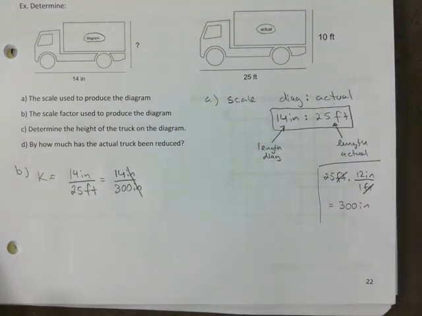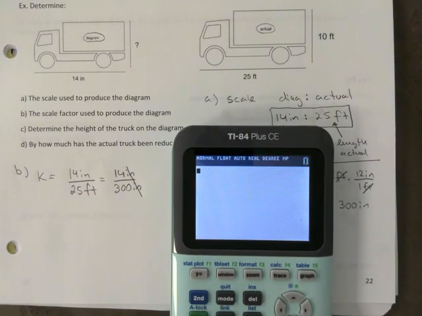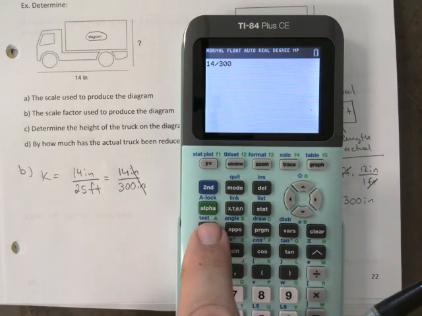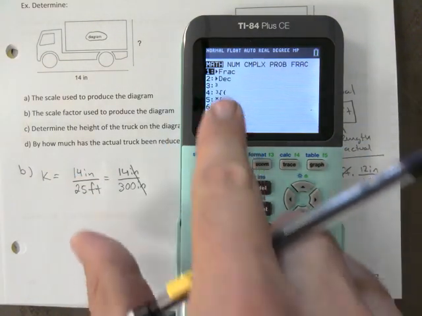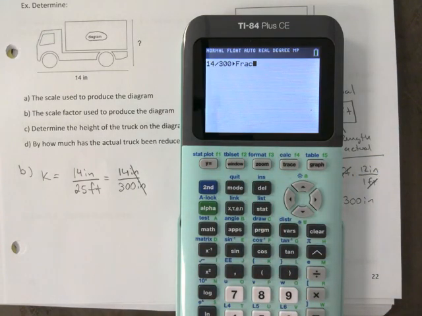And here's the beauty of the calculator. If you want to reduce that fraction, follow my steps here. I go 14 divided by 300. They're both even, so you can reduce this, right? For sure. So you got to go math. You press this, and then you go math. And the first selection is already highlighted, so you just hit enter.